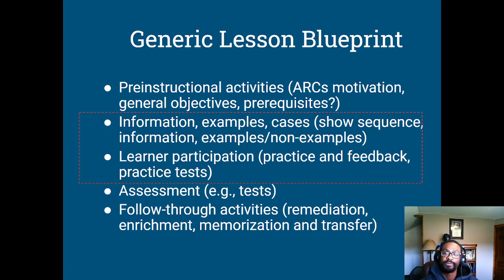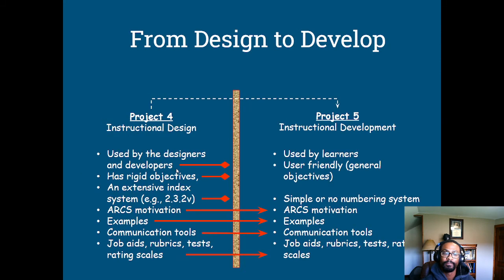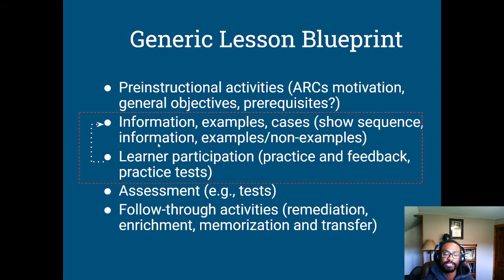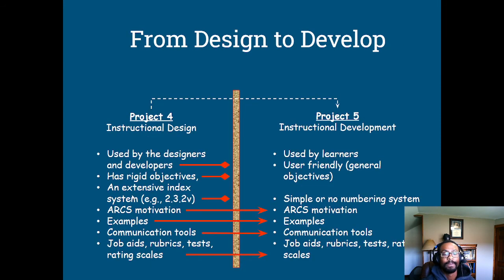We have to remember to talk about arcs and our objectives. All right, we're going to build out this thing. And this is me saying that the learner participation gives us information to help us improve our process. This is really what this is saying right here.